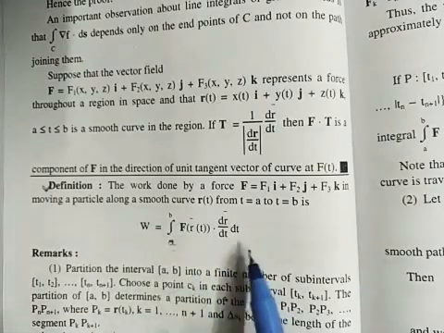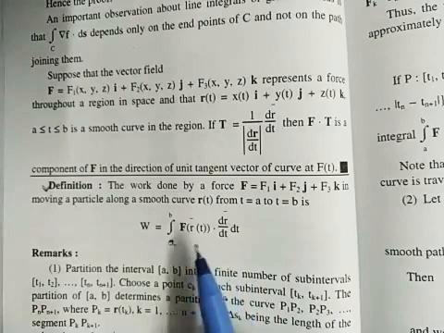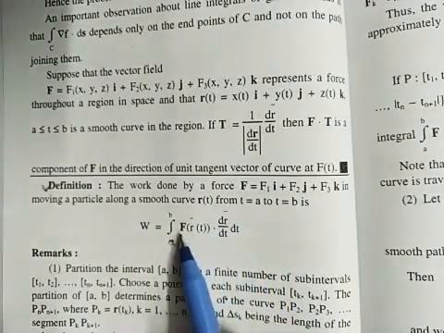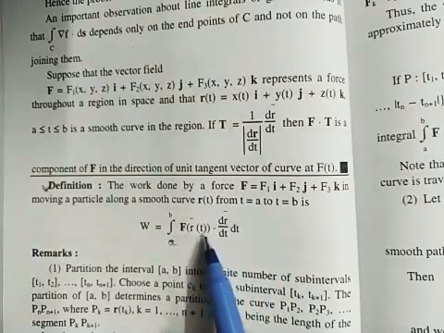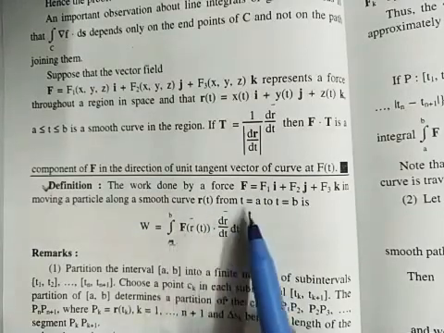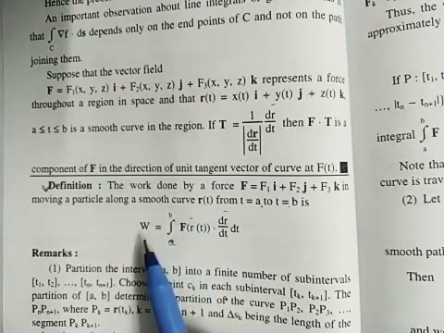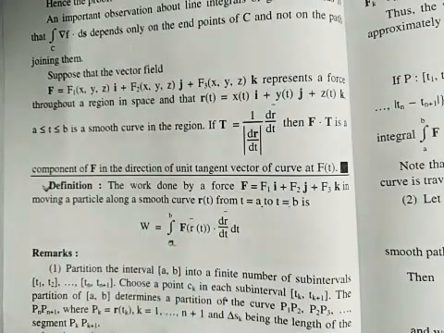Okay, this formula is the same as the integral over C. What is the difference here? Here capital F is a force. So by this force, F(r(t)) dot dr by dt dt, we take limits a to b. It gives the work done by that force.